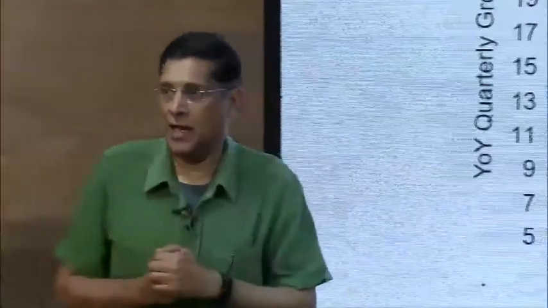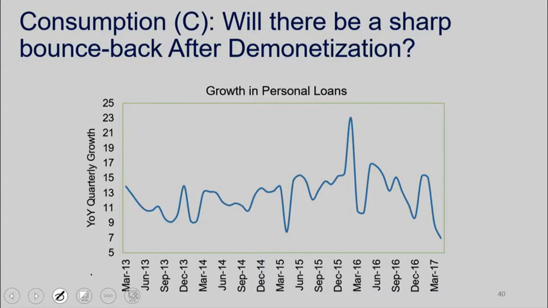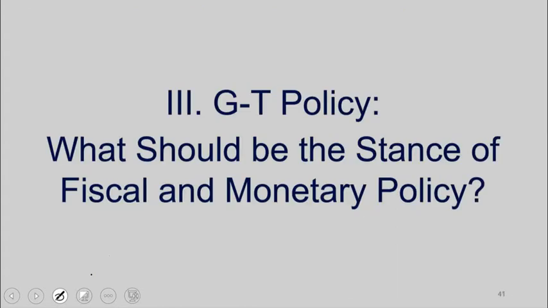So that's another indicator that might determine what investment is going to be going forward, and that's something we also project. And then you have to look at which are the sectors in which there's a problem. Is credit going to flow to those sectors or not, and make assessments about investment behavior that way.